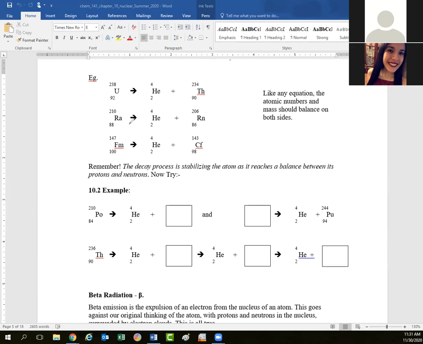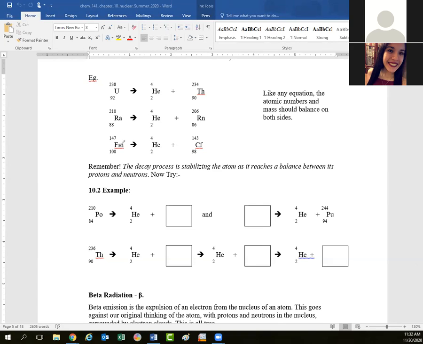Next one, radium 210. That alpha emission again, losing 2 protons and 2 neutrons. The atomic number drops down by 2, down to 86, which of course makes it radon. And the mass number drops down by 4 units, 2 protons and 2 neutrons, giving us a mass of 206 for this isotope of radon.